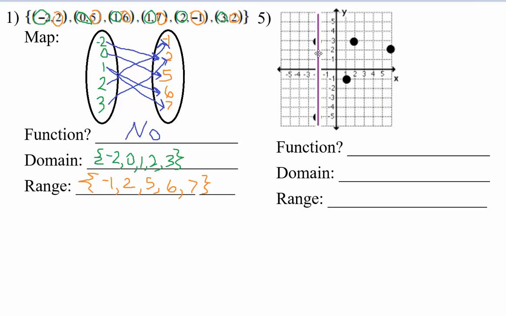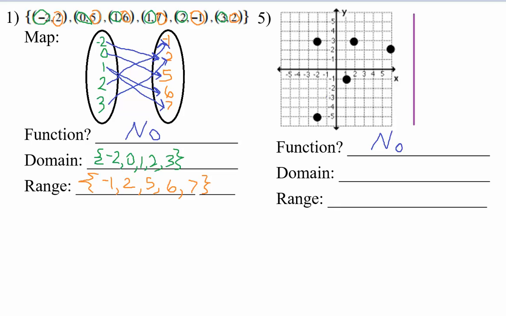And if it hits more than once on either our image or on the points, which right there it does at -2, notice it runs through both of those points, then this fails as a function. It is not a function. So yes, that one fails as a function.